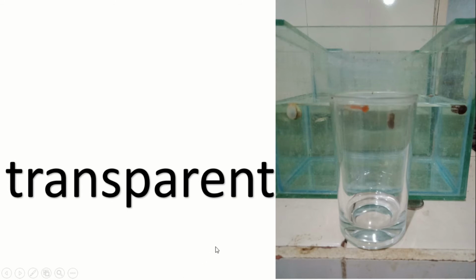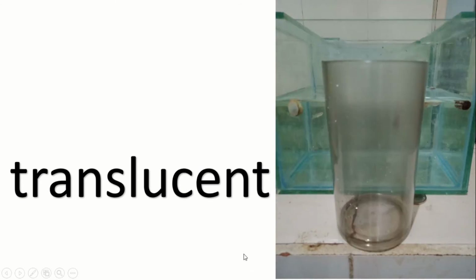So when you use transparent glass, you can easily see what is inside because it is very clear. Now how about this? Yes, this is a clear glass, but it is tinted. So when you say clear glass being tinted, this is translucent. Everybody say translucent. Very good.